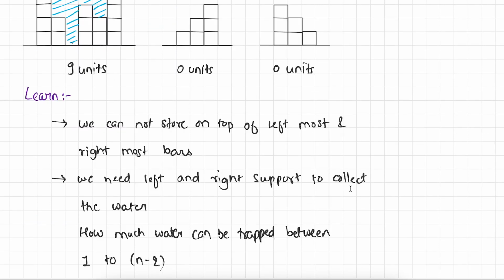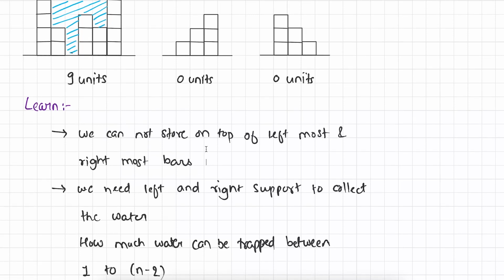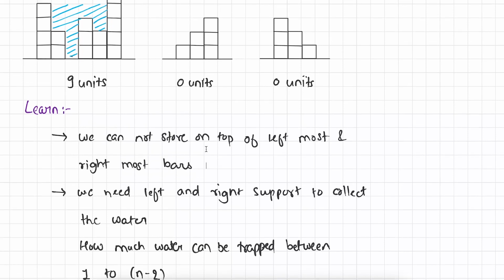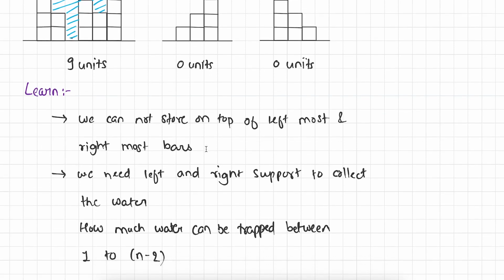Okay? So after observing all these examples, we can learn a few things. First, we cannot store water on top of the leftmost and the rightmost bars, right? And second, we need left and right support to collect the water. Okay?